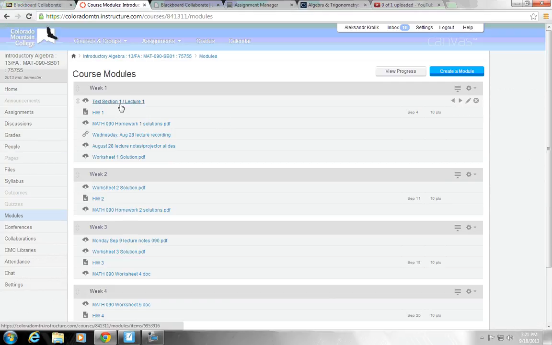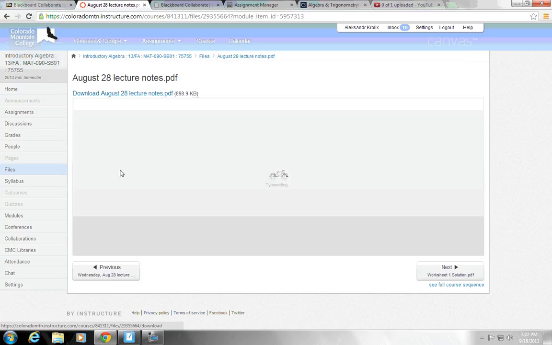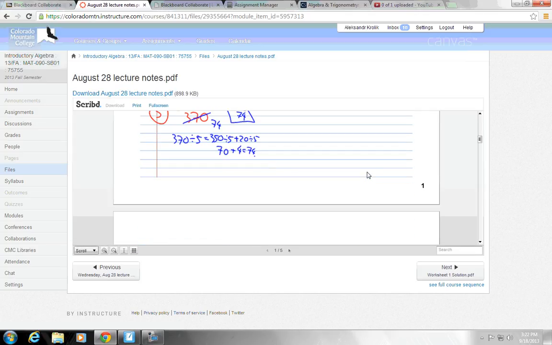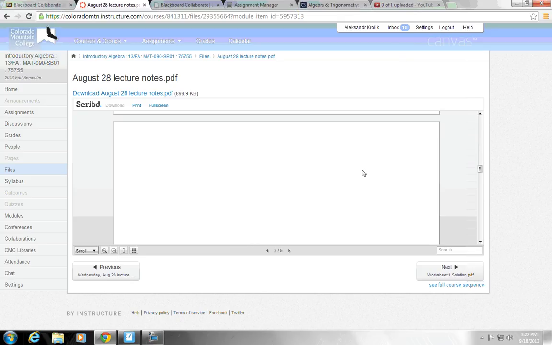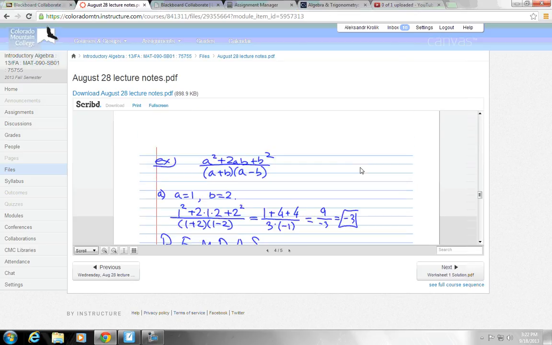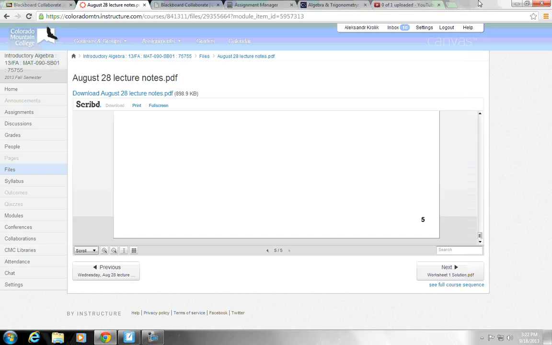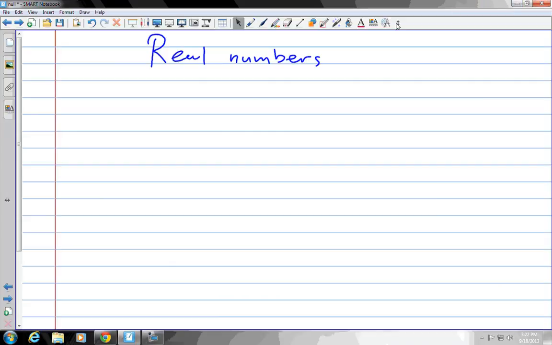Did we talk about different sets of real numbers? Adding properties. Yeah, we haven't, which is good. Doesn't seem like we have. So let's talk about real numbers.